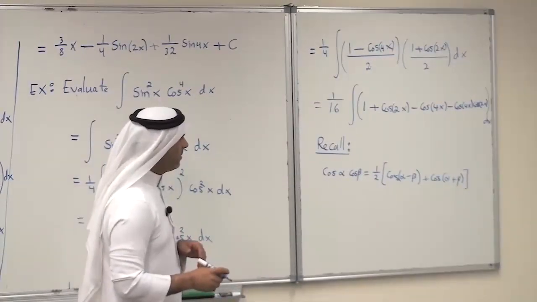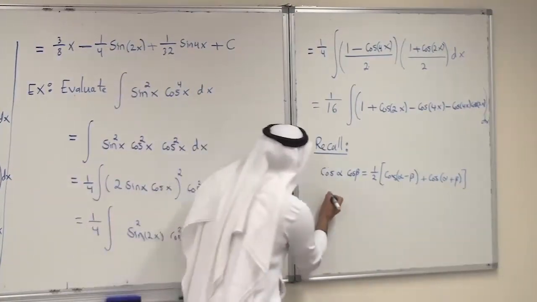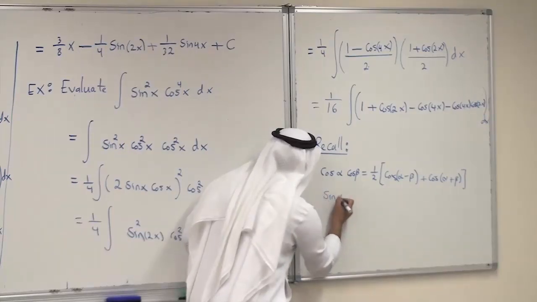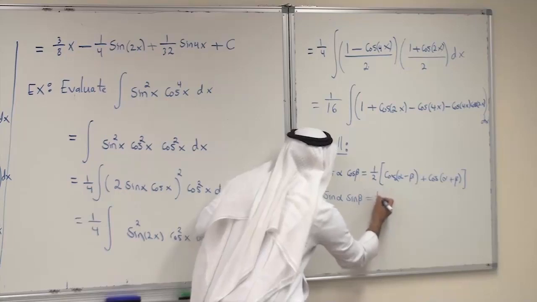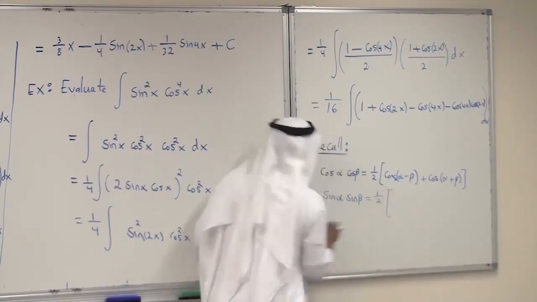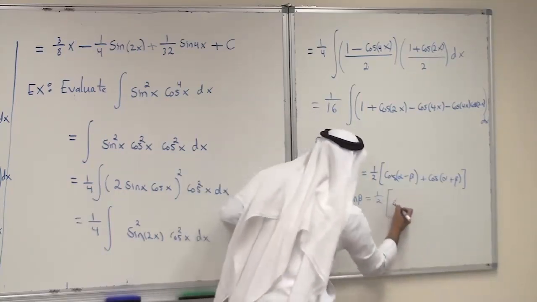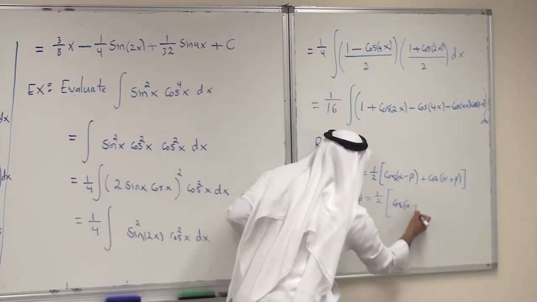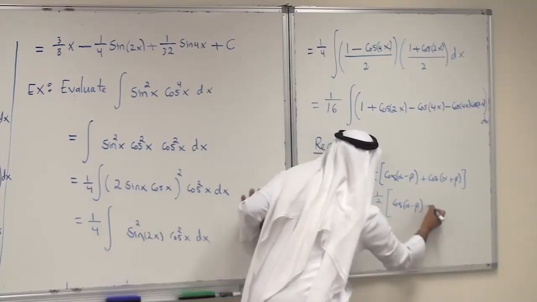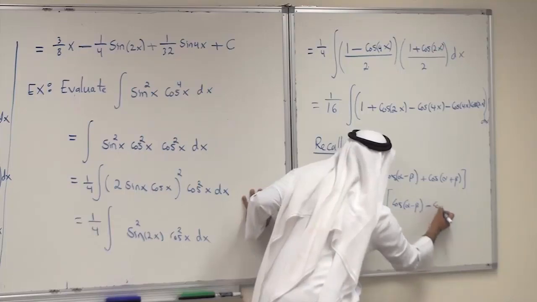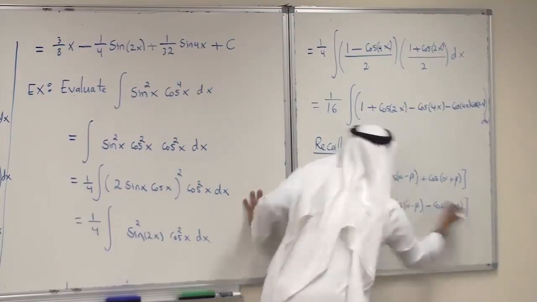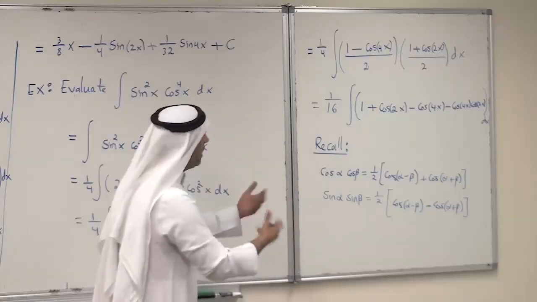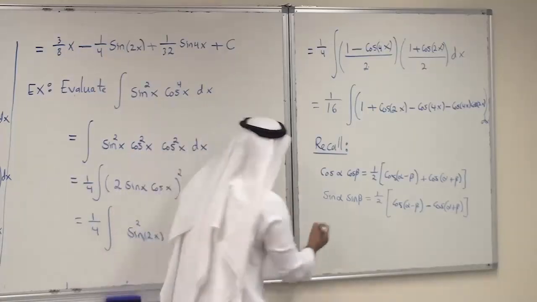What else do we have? We have sine alpha, sine of beta. You can always write this one as 1/2 times what? Again, it is cosine alpha minus beta, but in this case we have minus cosine alpha plus beta. Interesting. The last one we usually see in trigonometric integrals is this.